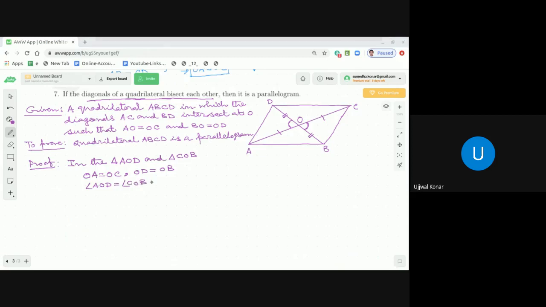Okay, dear students. So from this information, what can we conclude? We can conclude that these two triangles AOD and COB are congruent to each other by SAS congruence. So triangle AOD is congruent to triangle COB by SAS congruence.